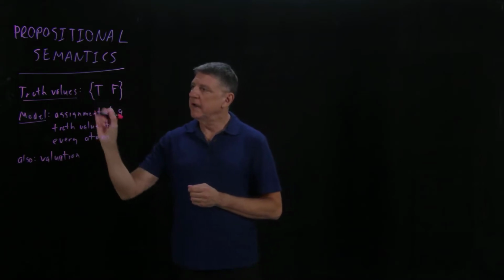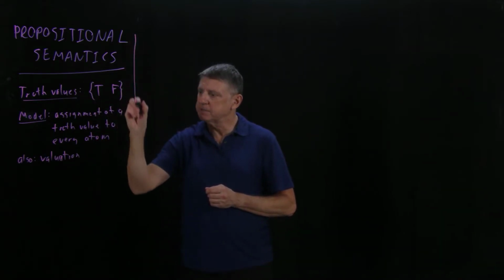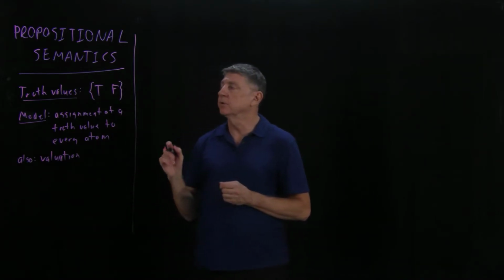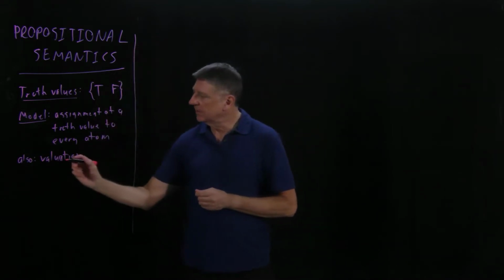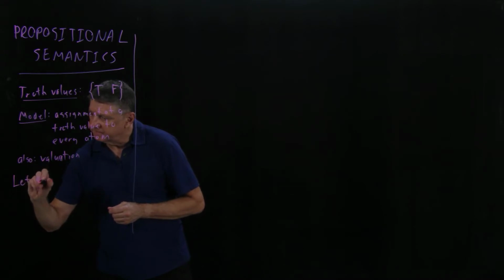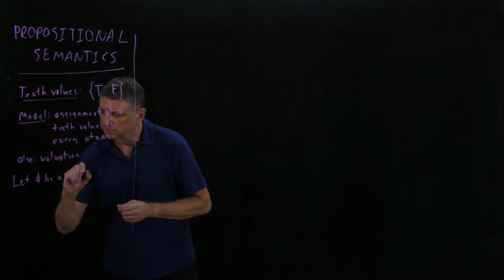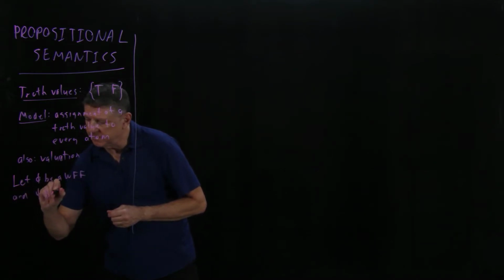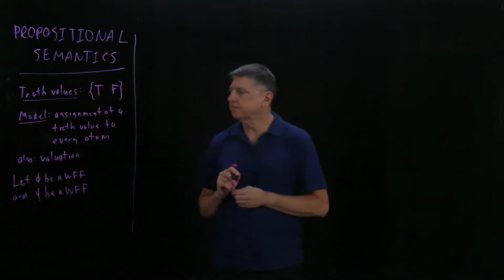This now allows us to explore the basic semantics of the operators that we've been using in previous sessions. Let's suppose that we let phi be a well-formed formula and psi be a well-formed formula.